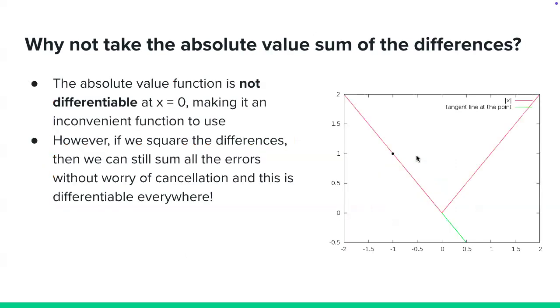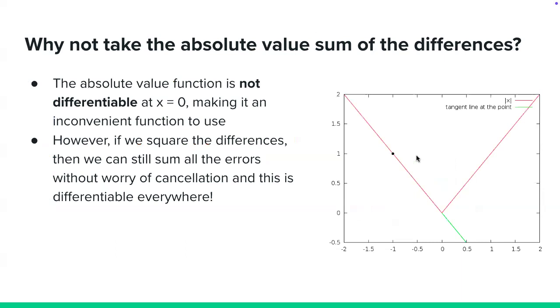You may be wondering, why don't we just take the absolute value of each difference and then sum them together? But we have another problem, which is the absolute value function is not differentiable at x equals 0.